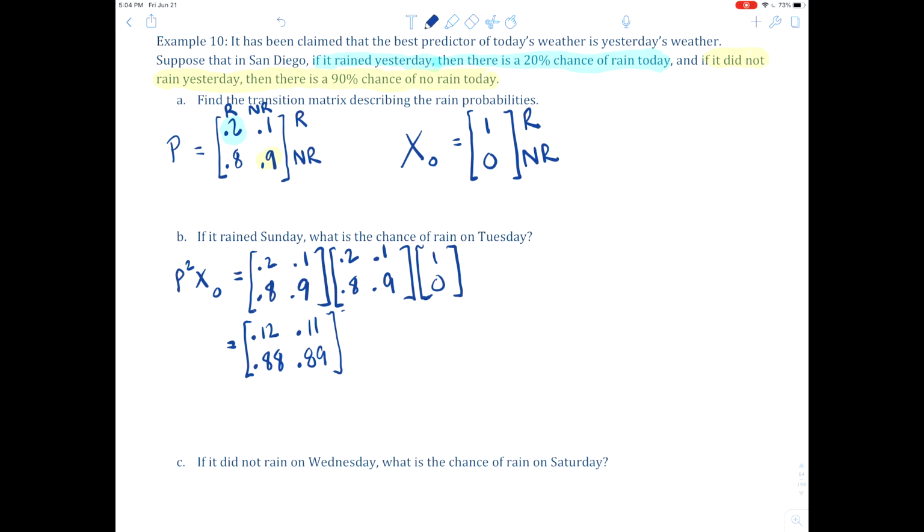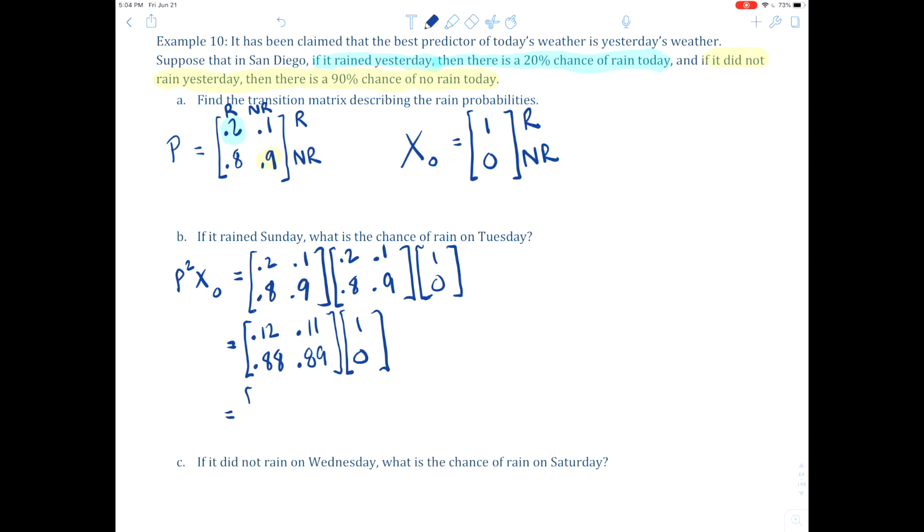All right, and then now we're going to have to multiply that by our x0 matrix. And so, by the way, from this, I'll do it at the end, we're going to get our x2. We're going to skip over x1 and go straight to x2.